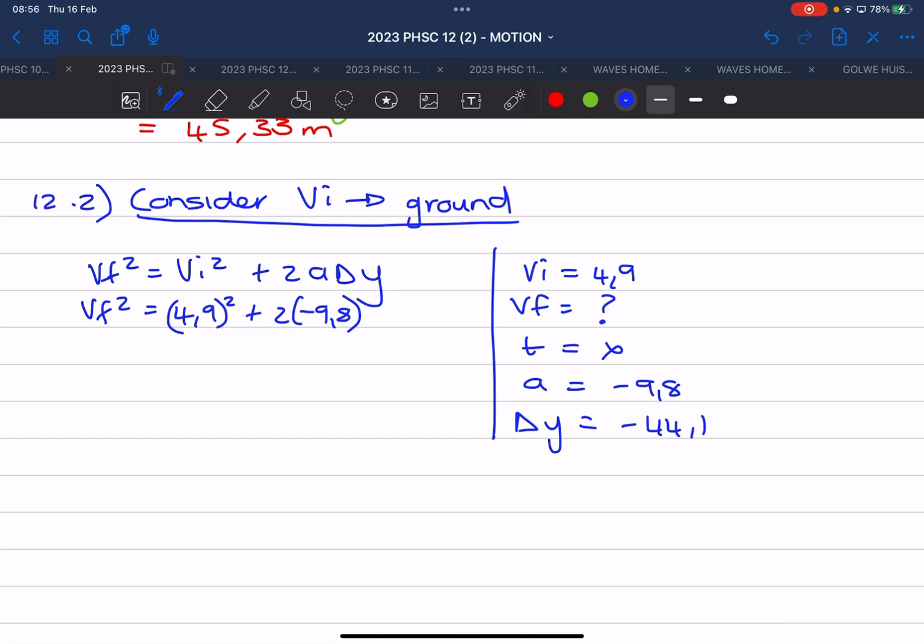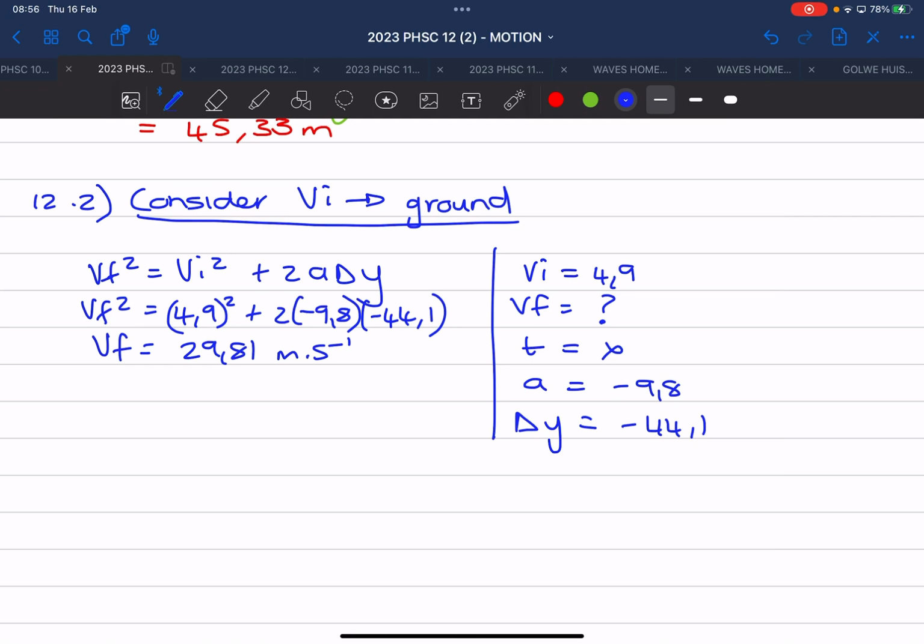And when we need to square root it, you cannot have a negative answer and square root it. So you must be very careful because sometimes we do need the negative because it's going in the negative direction. So we must be very sensitive when we use this formula. Okay, and then you square root the whole thing and you get, now I can't remember, 29.81.